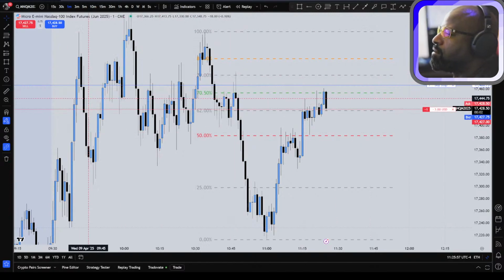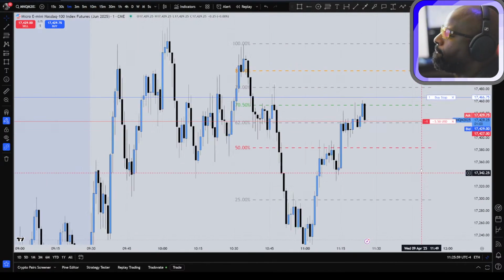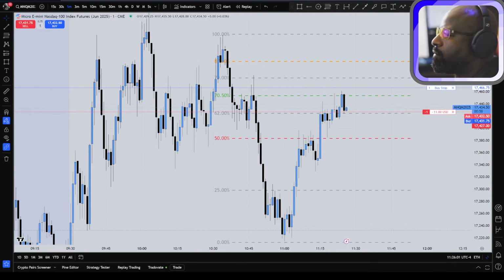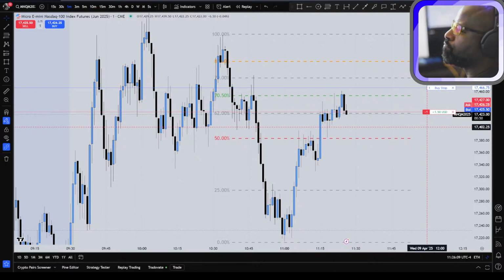On the 15-minute chart, this is the 15-minute high. We're roughly near that level. Sorry, I keep saying high. I mean close, the close of the candle on the 15-minute chart. There are 3 minutes and 38 seconds left in the 15-minute candle.